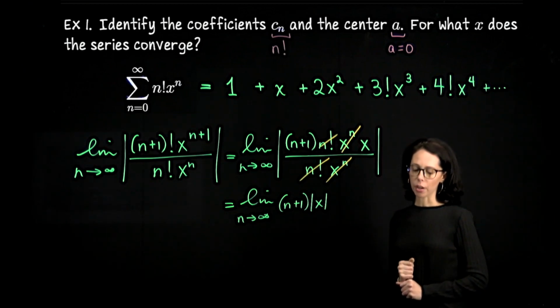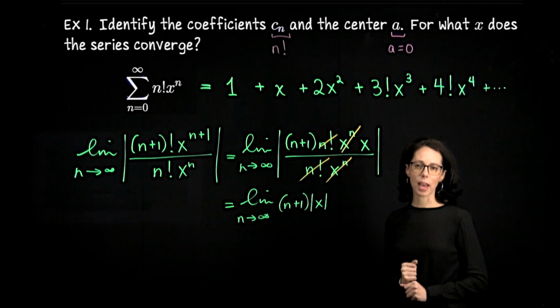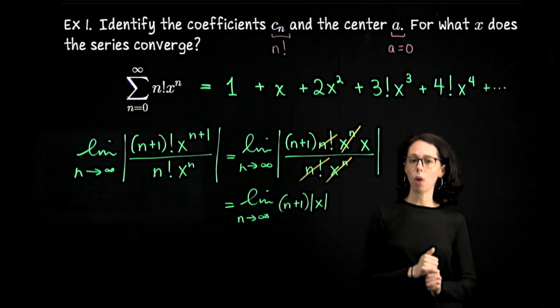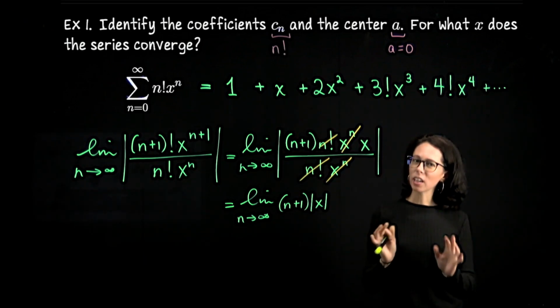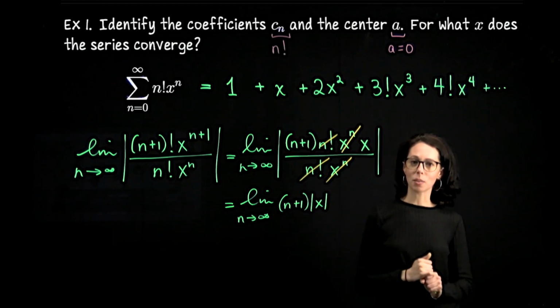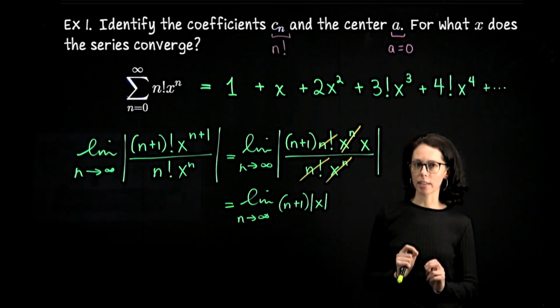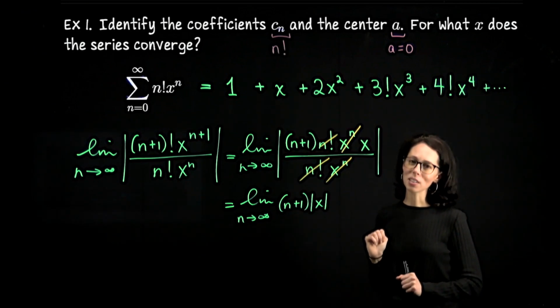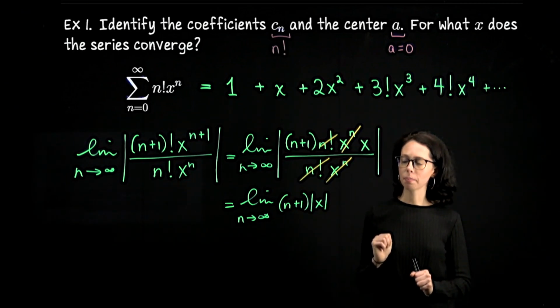The thing about the ratio test is that it gives us absolute convergence if this number is less than 1. It's inconclusive if this ratio works out to be 1, but it's divergent if this number is greater than 1. So here's what we want to observe at this moment.